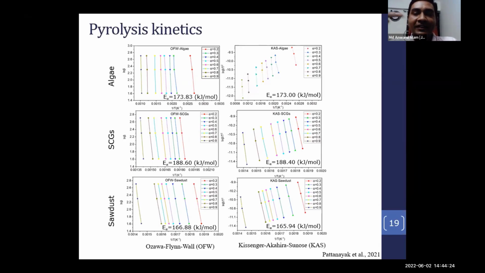Coffee has given the maximum activation energy, which represents that coffee has a different composition compared to the others, and it requires extra energy to decompose. We also saw in the Pyrolysis-GCMS analysis that it has more higher molecular weight compounds than the other two biomasses.